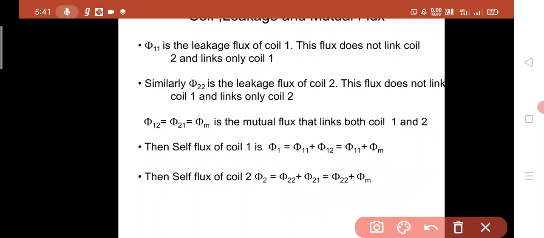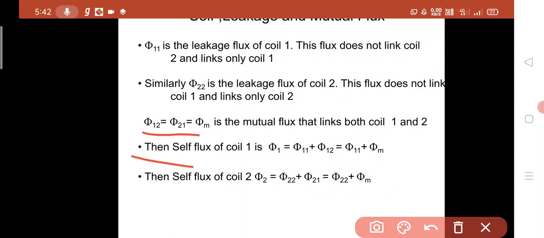So phi 11 is the leakage flux of coil 1. This flux does not link coil 2 and links only coil 1. Next point, similarly, phi 22 is the leakage flux of coil 2. This flux does not link coil 1 and links only coil 2. Phi 12 is equal to phi 21 is equal to phi M, the mutual flux that links both coil 1 and 2.